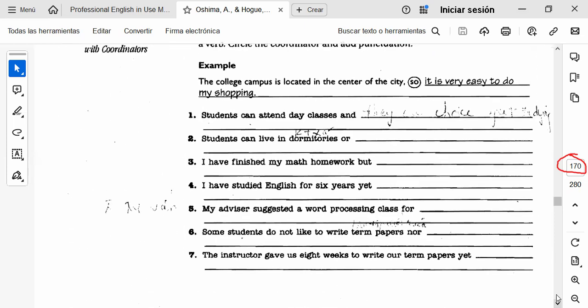Attend classes and they can work in the evening, for example.